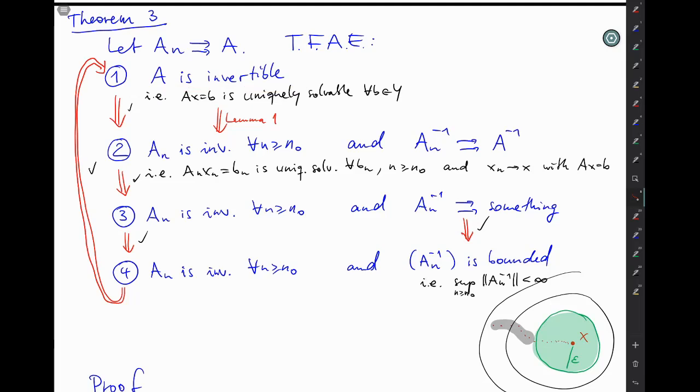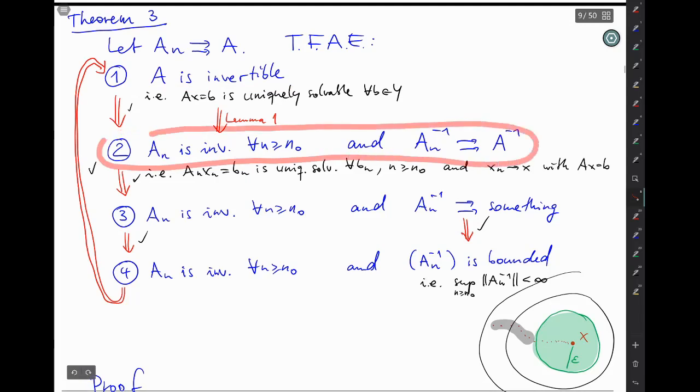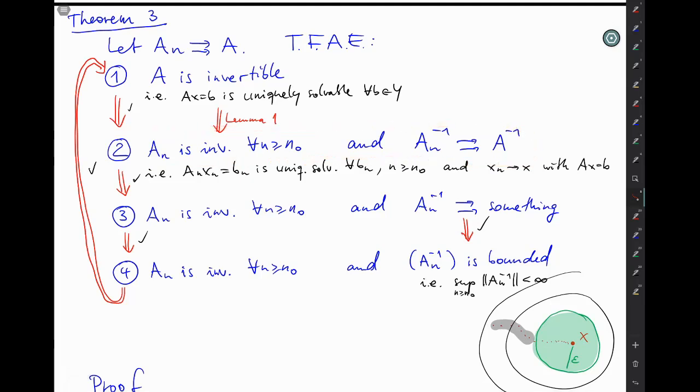But then it turns out that property 2, which is where we want to go, is already equivalent to our minimal assumption A. So it seems that this uniform convergence gives you a very strong binding, a very strong relationship between your operators A_n that approximate A and the limit A itself.